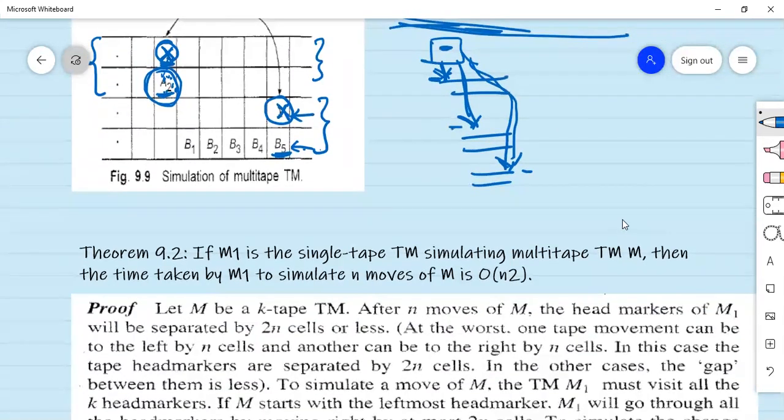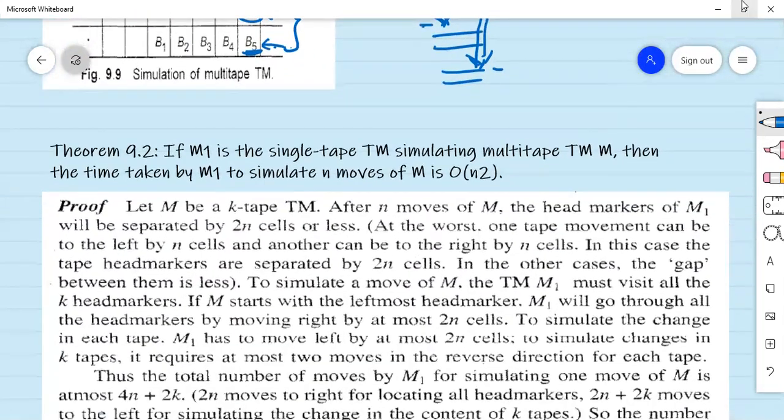The next one is, if M1 is a single tape Turing machine which is simulating the multi-tape Turing machine, then the time taken for simulation of n moves is O of n square. That means I require n into n time to simulate.